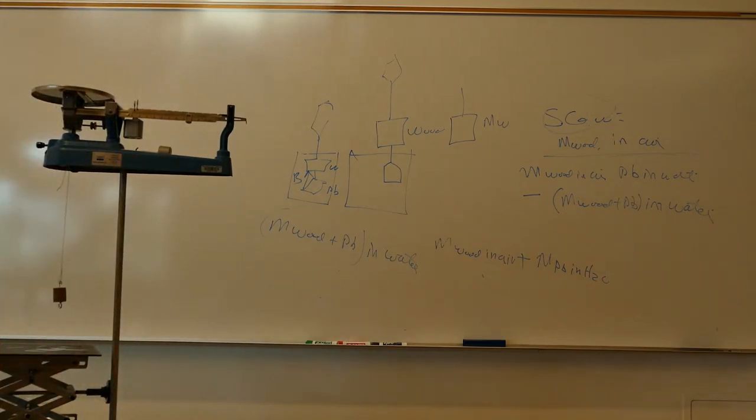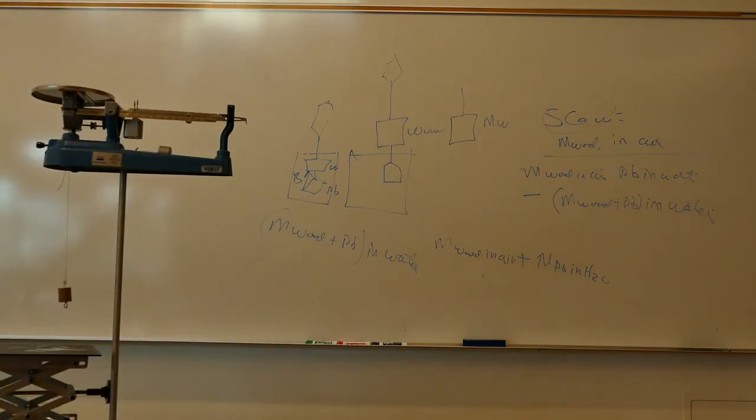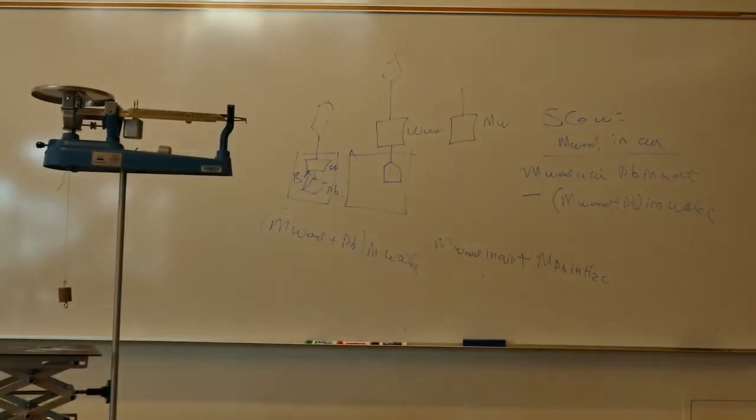So the mass of the wood in air is just 7.7 grams. Mass of the wood cylinder by itself in the air, 7.7 grams.